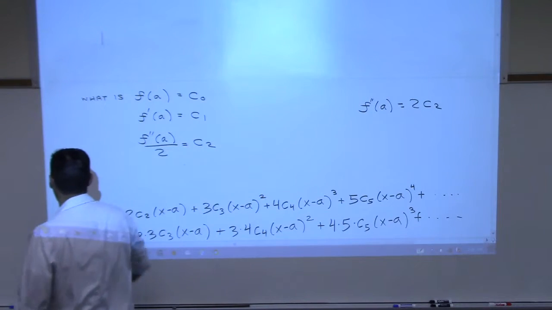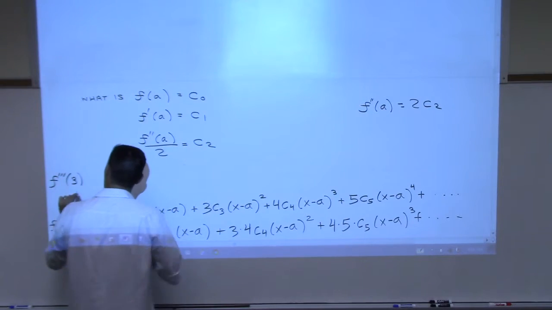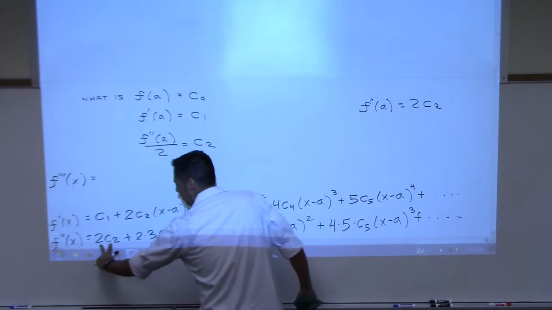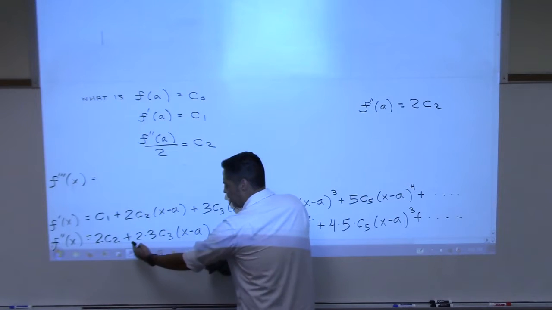Let's take the third derivative. Maybe we'll go twice. No, sorry. Third derivative. So derivative of that is 0. Now look what happens here. This is all a constant.